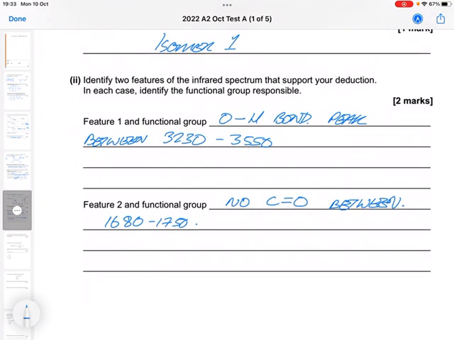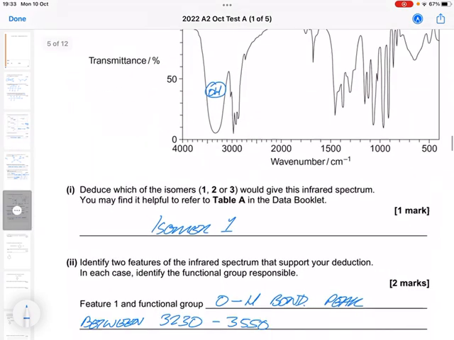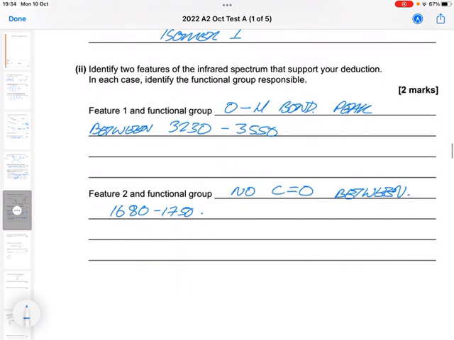If we go back to isomer 1, you can see that it has the carbon-carbon double bond. So a possible third one is a carbon-carbon double bond peak between 1620 and 1680. Okay, so any two of those three would get you those marks.